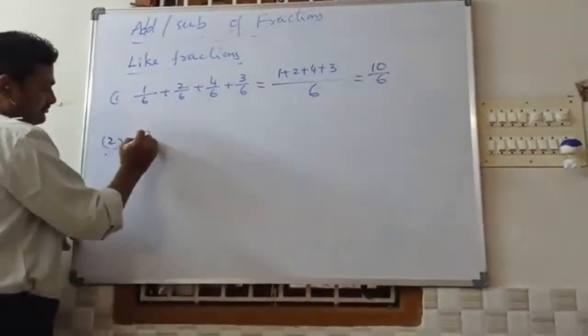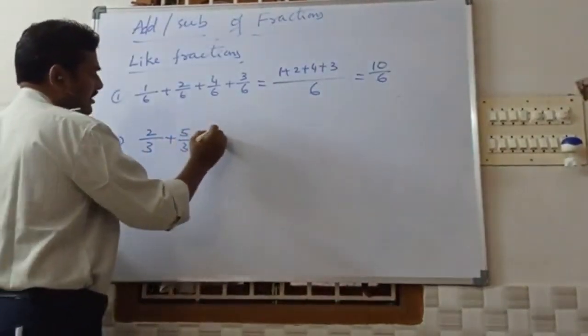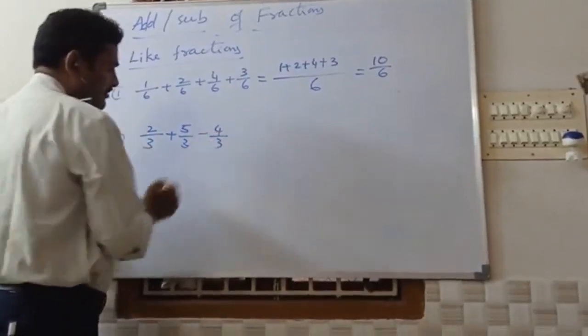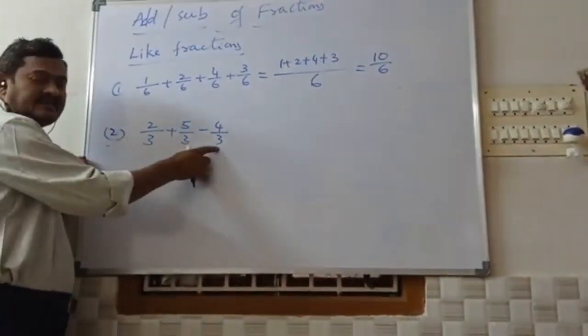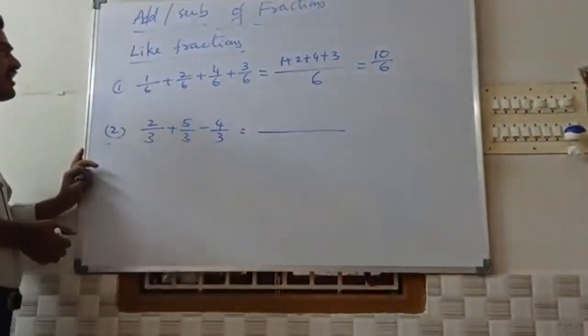Another example, 2 by 3 plus 5 by 3 minus 4 by 3. Observe the denominators: everywhere 3 is there. That means these are all like fractions.